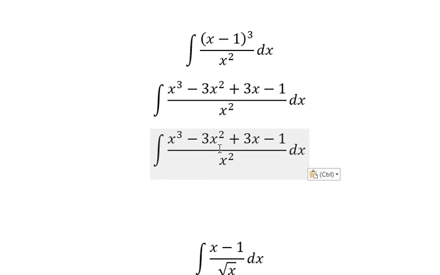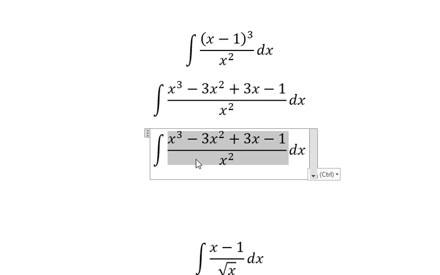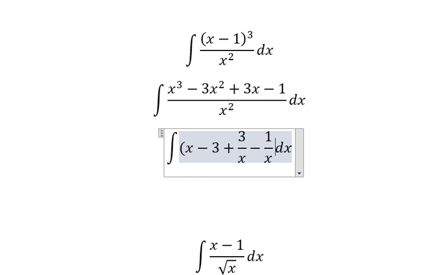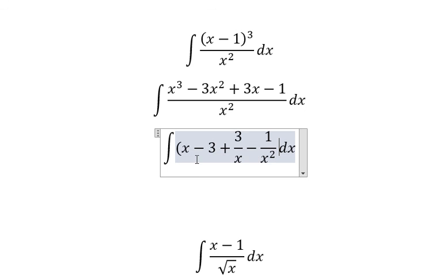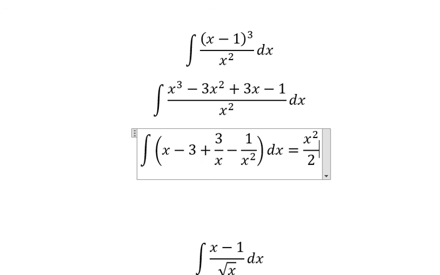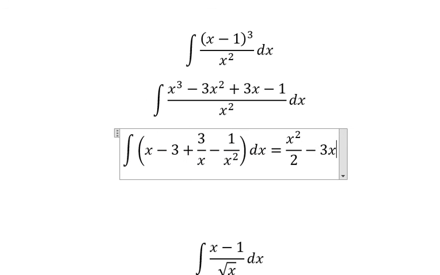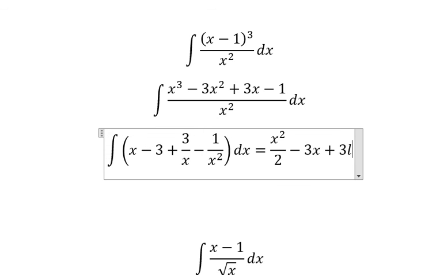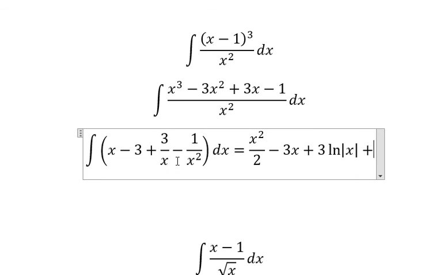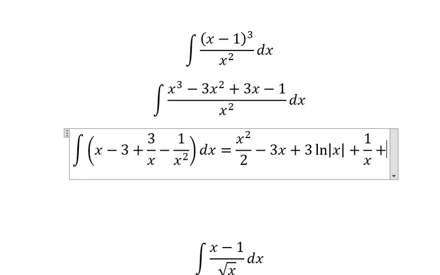This one divided by this one, divided by this one, and so on. The integration of x, we have x squared over 2. Number 3, we have 3x. The next one, that's ln of the absolute value of x. And the next one is 1 over x, and we put plus c.